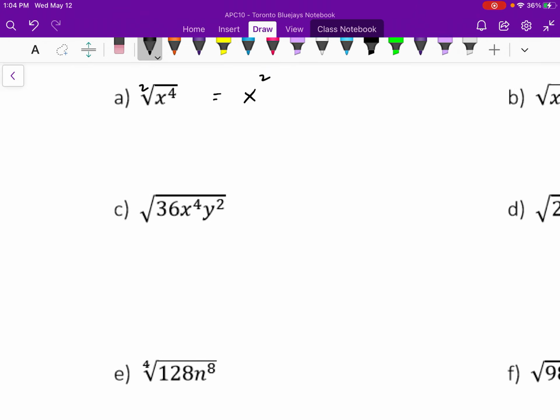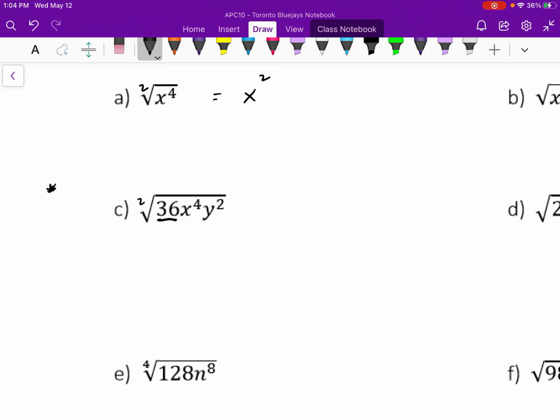Let's move on to this next one. Maybe put a little star and say, we are going to treat coefficients and variables independently. Well, fair enough. Now this is a square root.